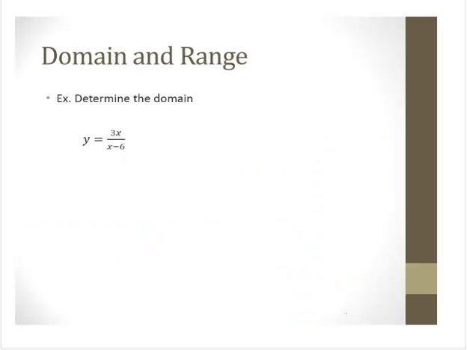Determine the domain, just the domain for this one. We have y equals 3x over x minus 6. We call this a rational function, and generally speaking, finding the range for a rational function is fairly difficult unless we have some other techniques, and we'll see some of those techniques later in this course. So we have y equals 3x over x minus 6. Recall that we're concerned about division by 0.